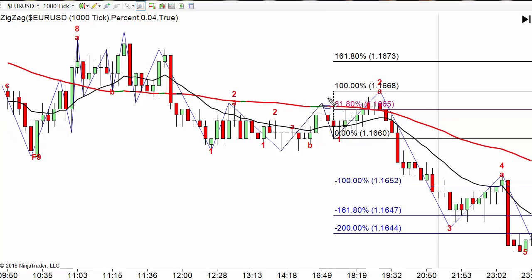Because, again, the primary use of the tool is indeed to find resistance levels up here above 0. So these are positive numbers.